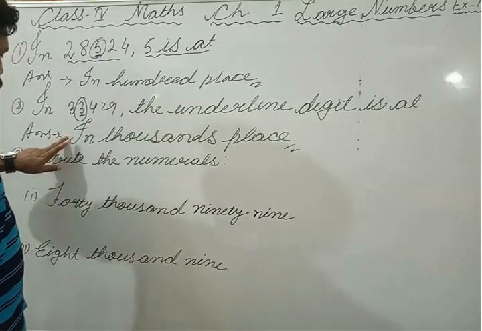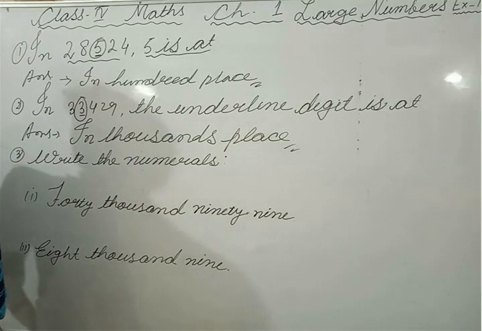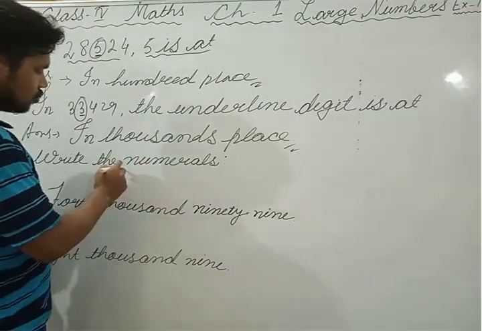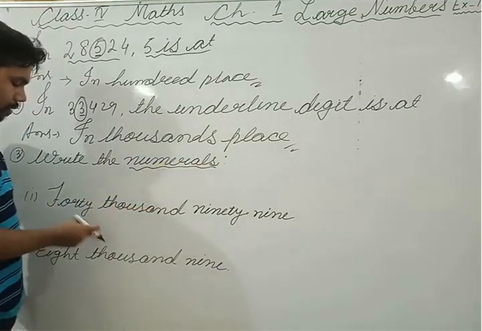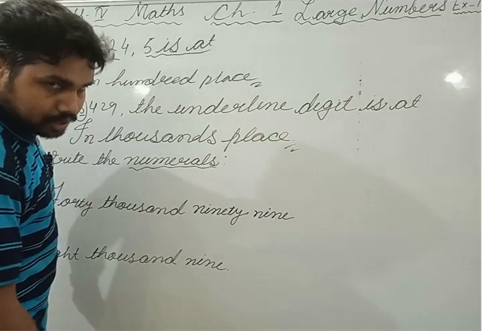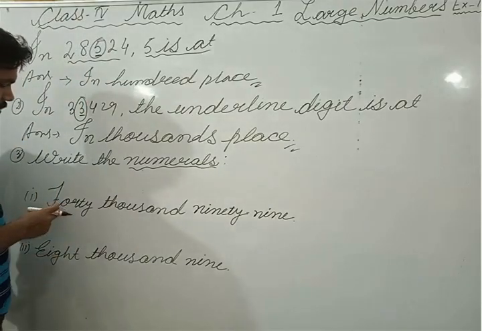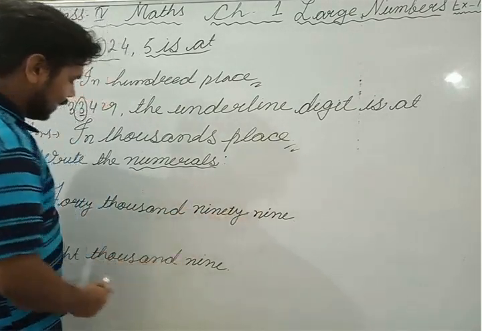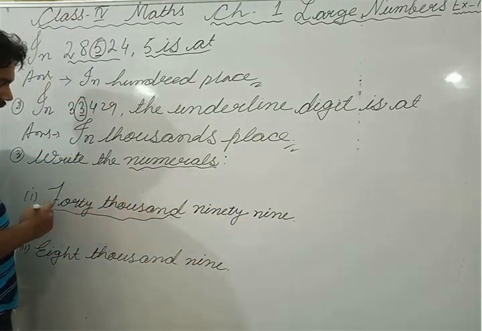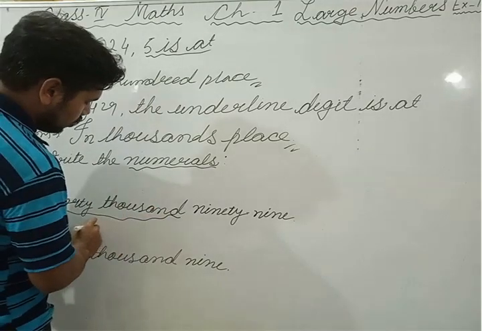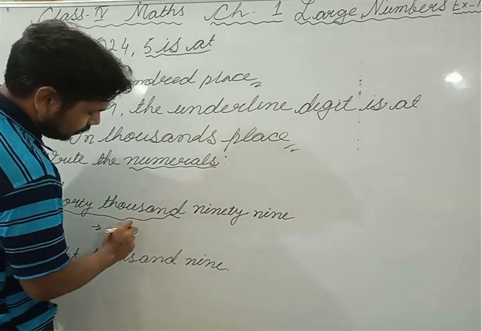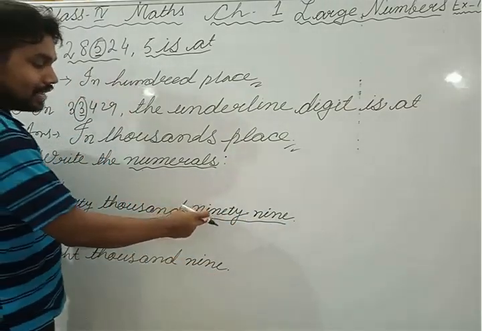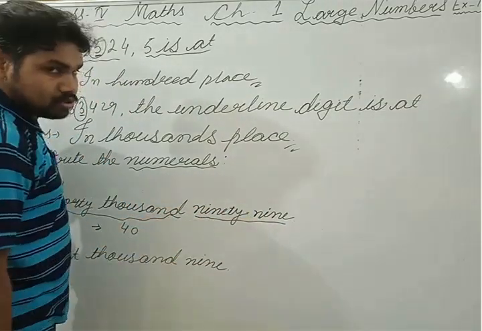So now we will check another question. This is question number two. Write the numerals. Number names are given, and you have to write the numerals of these number names. The first number name is given: 40,099. So in the thousands place we have 40, then 99. That means in the tens place we have 9 and in the ones place we have 9.